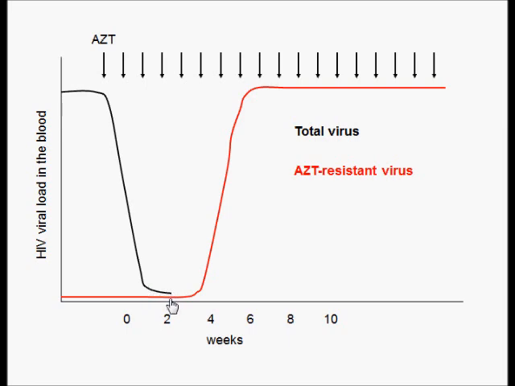As soon as that virus is able to get away from the function of AZT, through that mutation that it has, it changes physiologically, then it's going to start to replicate because it's uncontrolled, and the viral load's going to go right back up. So the problem with one drug is that HIV, because of the reverse transcriptase, is able to have so many different varieties of itself that you're going to find these that are able to mutate.